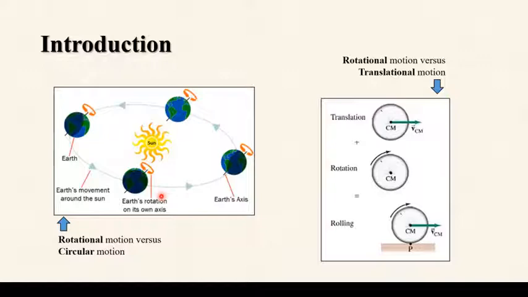It's orbiting, which is a circular motion, and it's rotating by itself on its own. This is another rotational motion. This is what I mentioned just now: it's moving in a straight line and it is rotating at the same time. Usually this is happening on a rolling object. Any rolling object has two motions at the same time.